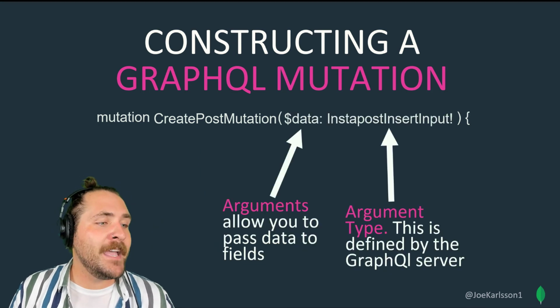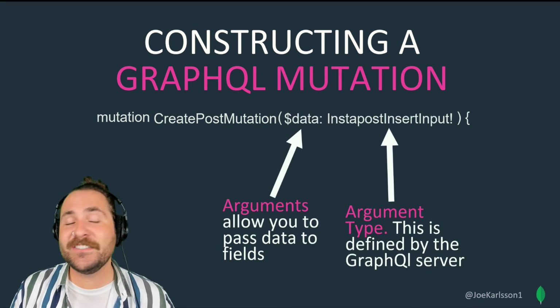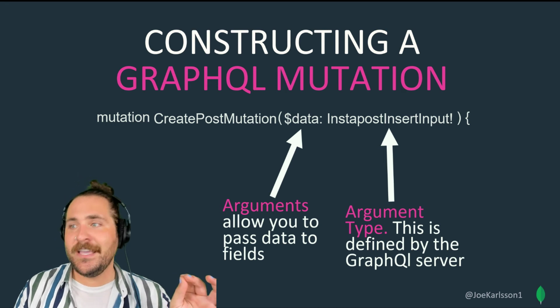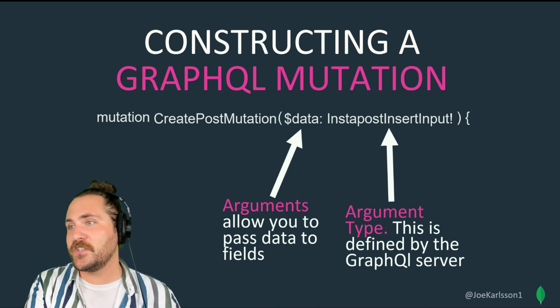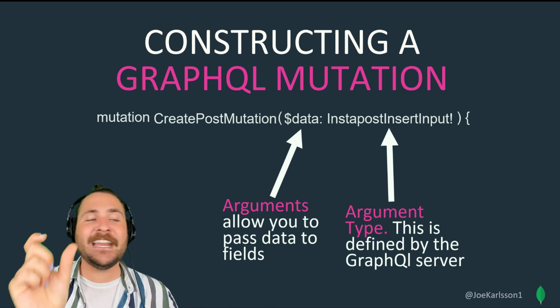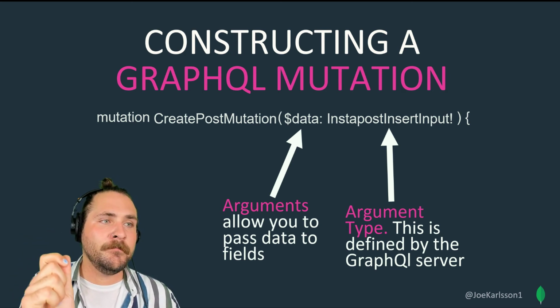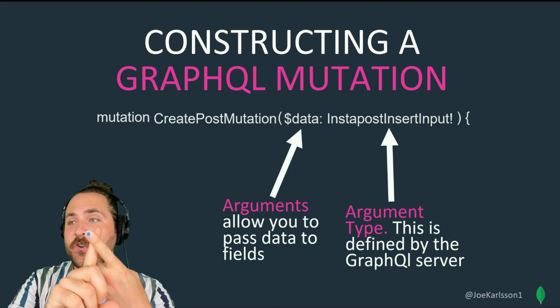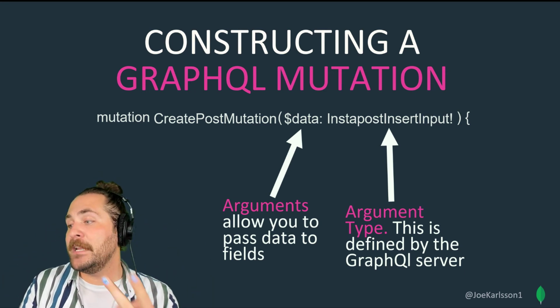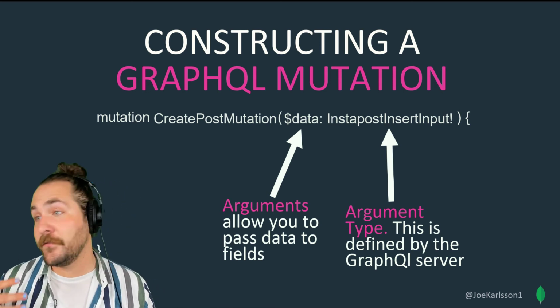Okay? Next thing you want to do is pass over arguments. Just like you would with JavaScript functions, you're passing over arguments once you declare the function name. So this is the data you want to pass through in order to create a brand new post, because you have to supply the image URL and the description at a minimum in order for your server to know what to do with it.